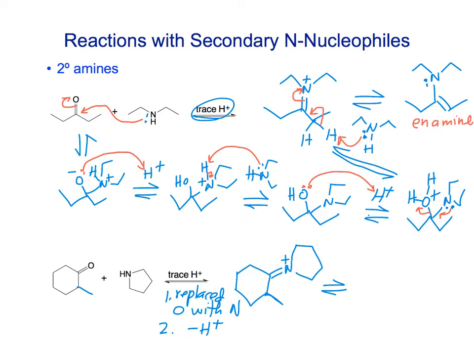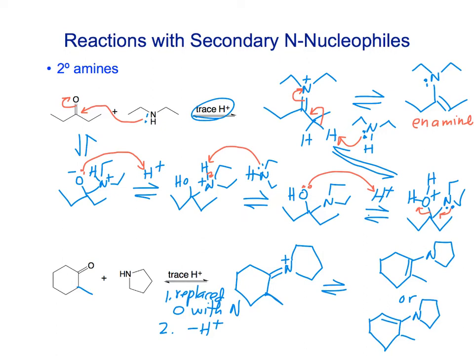We lose a proton, and we can form either this enamine, or we could form this enamine.